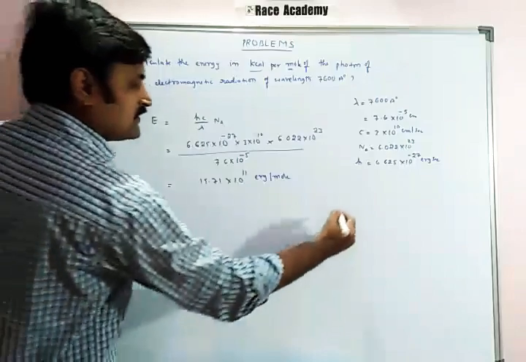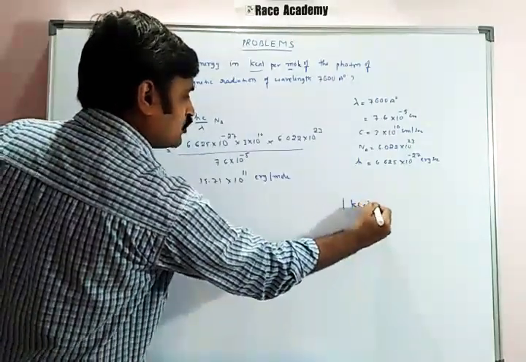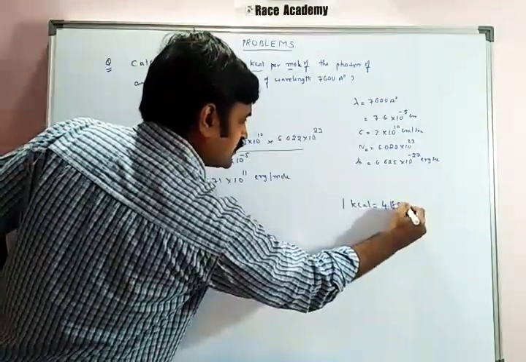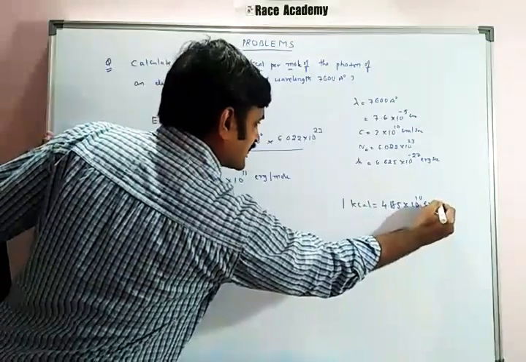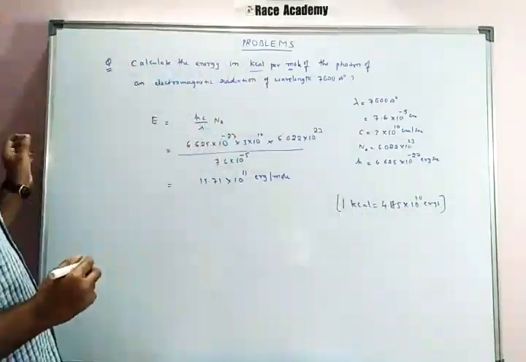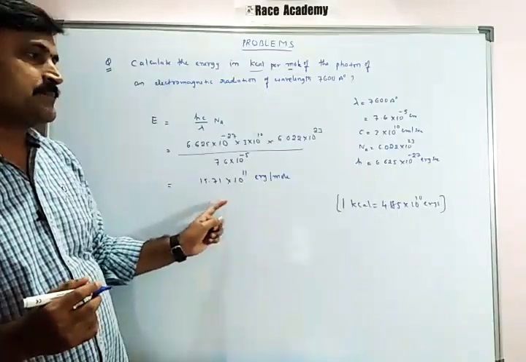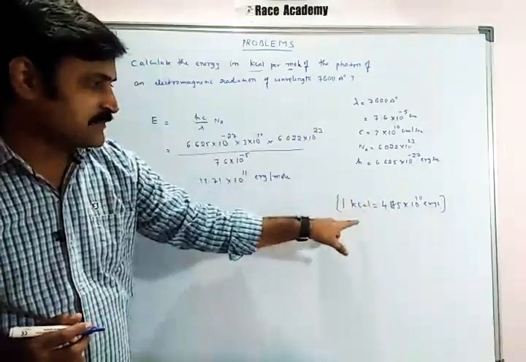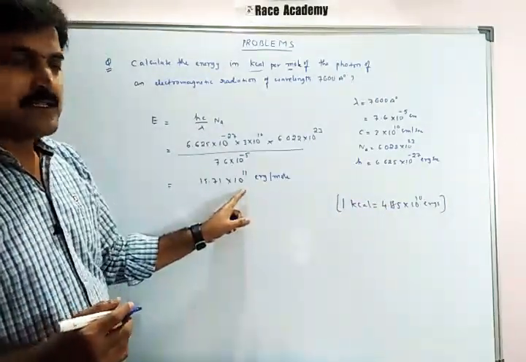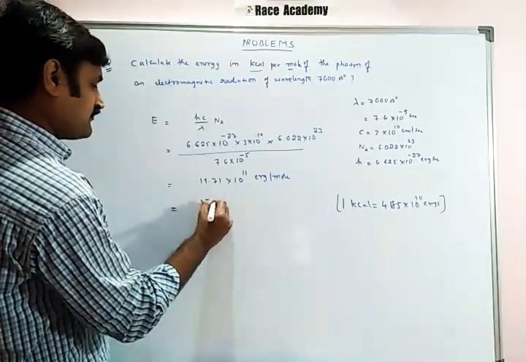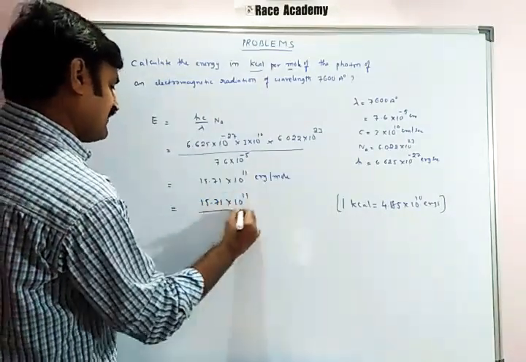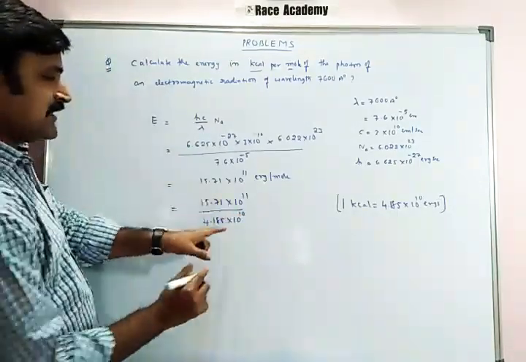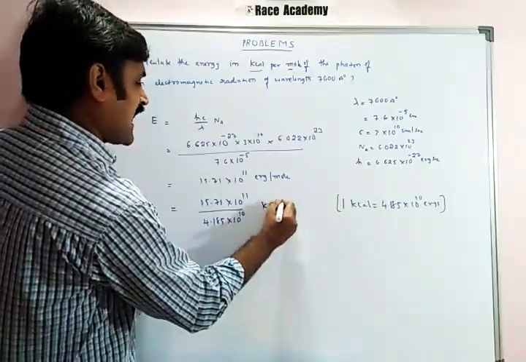At this juncture, we need one unit conversion: 1 kilocalorie equals 4.185 × 10^10 ergs. That means 1 erg equals 1 divided by this value. So you convert: 15.71 × 10^11 divided by 4.185 × 10^10, then the answer will come in kilocalories per mole.